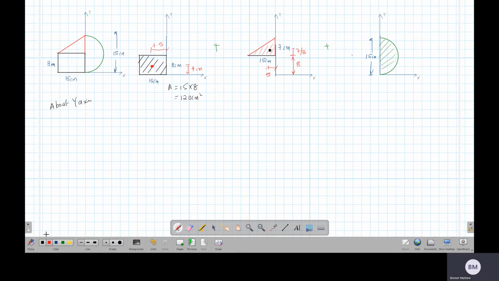For the triangle, the area is half base into height, half times 15 times 7. Quickly, if I take the calculator and calculate, it comes to around 52.5 centimeters square.